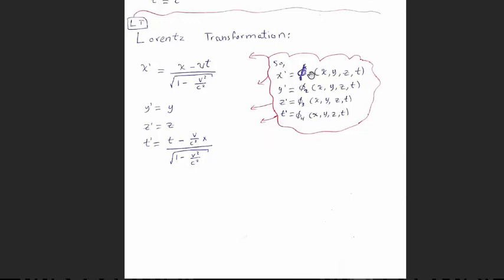So x dash must be equal to a function of x, y, z, t, but we do not know the rate of change of x, y, z, t. So in this case, we will use multivariable differentiation.